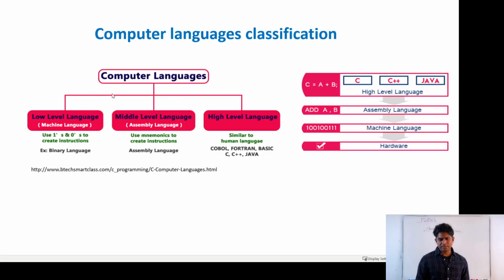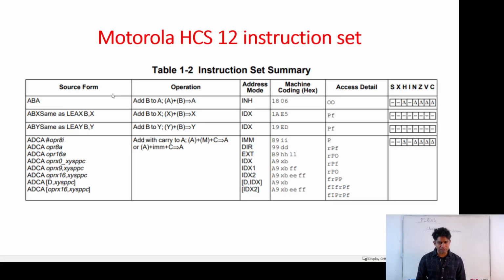And here is an example of the mnemonics. It's still very descriptive, but the way you think about writing a program is slightly different than for a high level language. For a high level language program, you really don't need to understand too much about the hardware architecture, right?